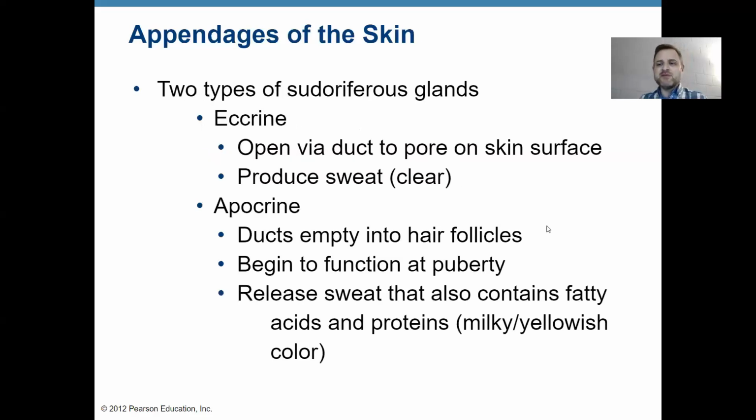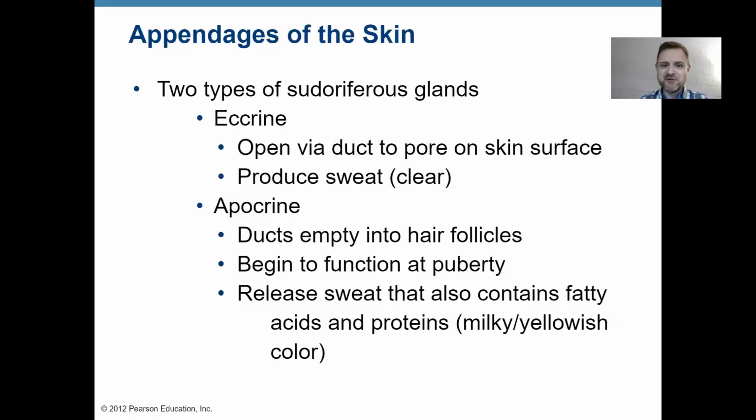So the two types of sudoriferous glands are eccrine versus apocrine. Eccrine glands, basically they're producing sweat and they open directly onto a pore on your skin surface. And they're producing sweat, which again is a clear substance, which we'll talk about on an upcoming slide.